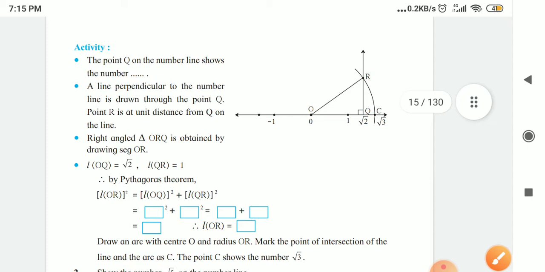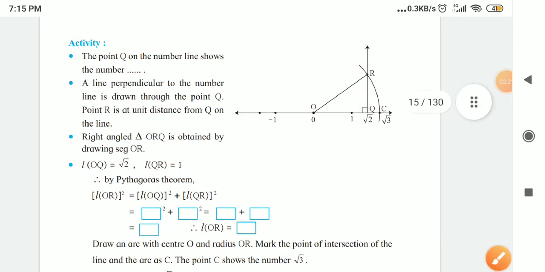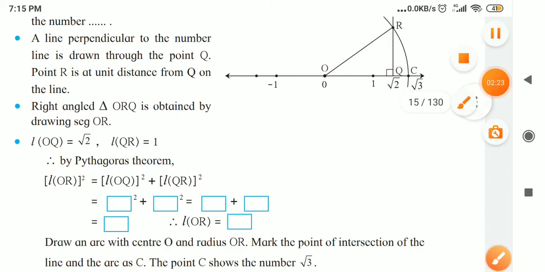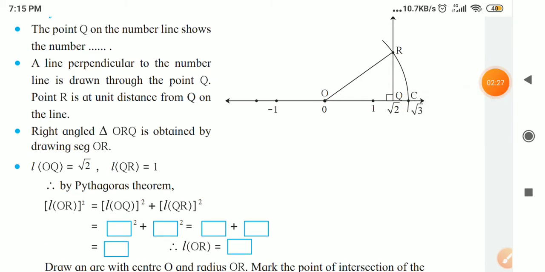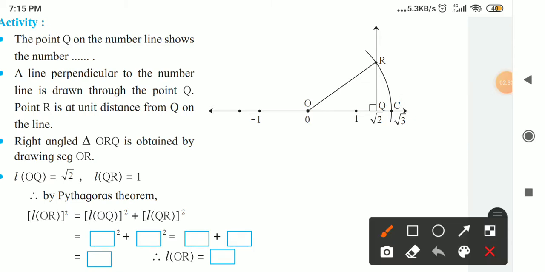What is the Pythagoras theorem? Hypotenuse square is equal to the sum of squares of the remaining two sides. So here, OR square is equal to OQ square plus QR square.